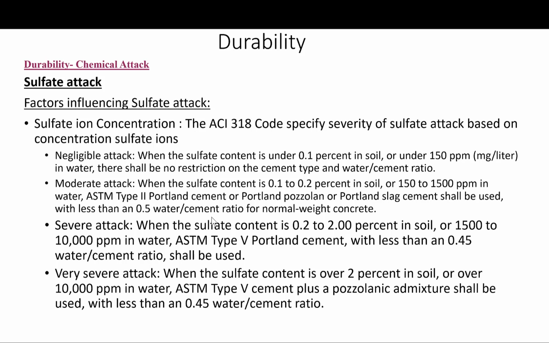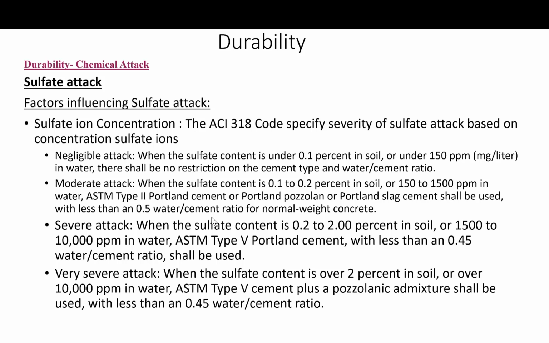Okay, the second classification is the moderate attack, when the sulfate content is between 0.1 to 0.2% in soil, roughly 150 to 1500 parts per million in water. ASTM Type 2 Portland cement or Portland pozzolan or Portland slag cement shall be used in this case, with water cement ratio less than 0.5, okay, for normal weight concrete.